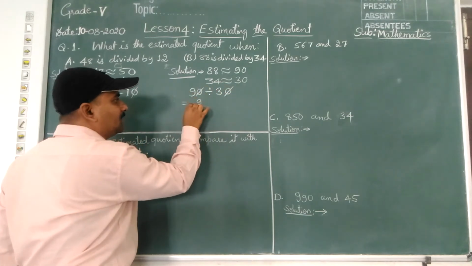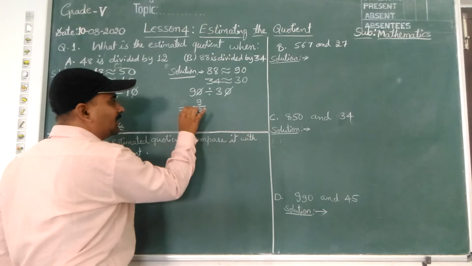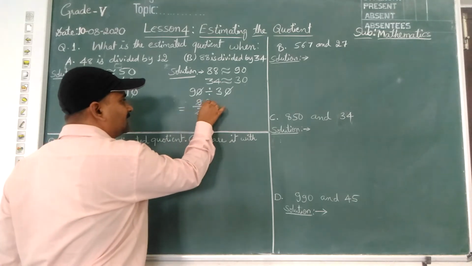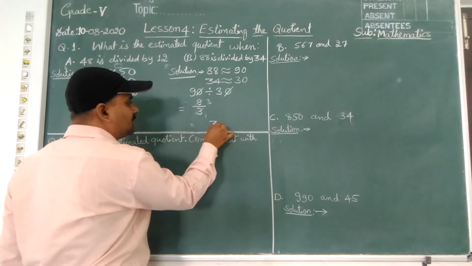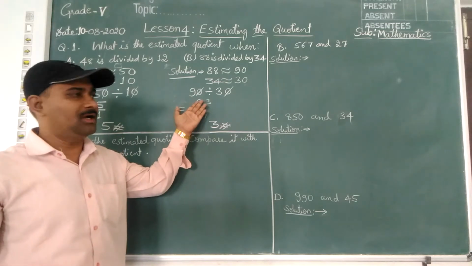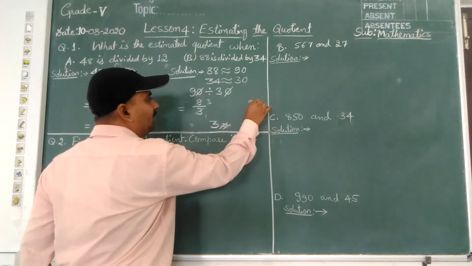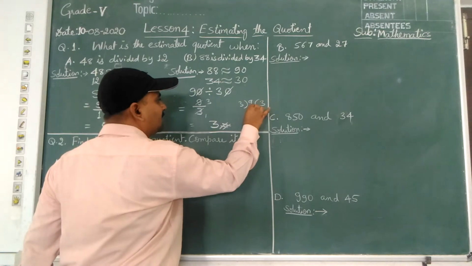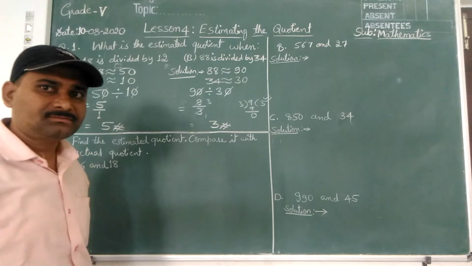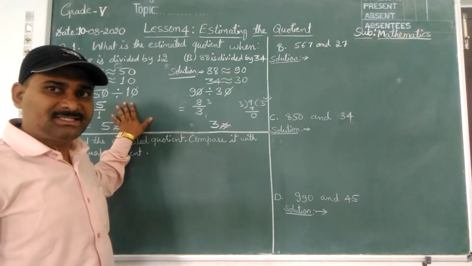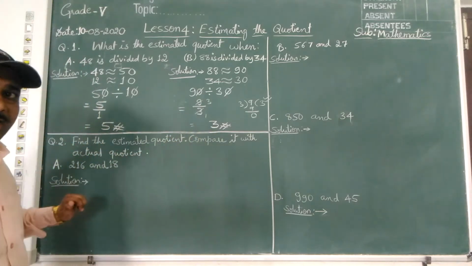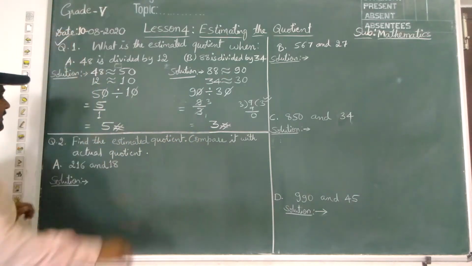So 9 divided by 3. 9 divided by 3 is how much, children? 3 threes are 9. So 3 is the estimated quotient. You can cancel here or you can divide like 9 divided by 3. 3 threes are 9. So the answer is 3. That 3 is written here. How to find the estimated quotient, understood now? Okay, this first question is completed.